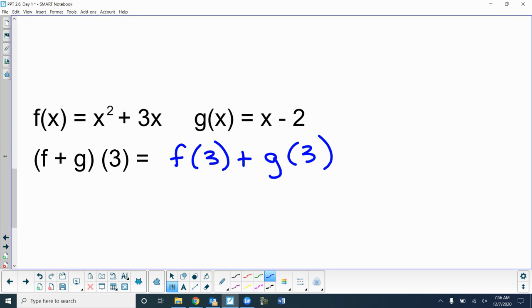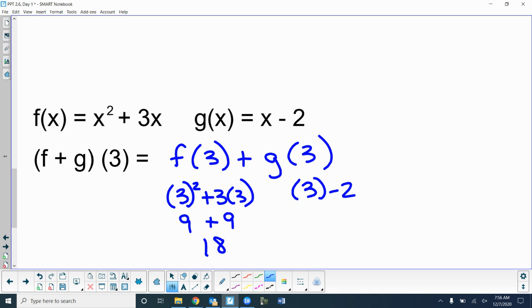So f of 3 would be 3 squared plus 3 times 3, which would be 9 plus 9, so that would be 18. And then g of 3 is 3 minus 2, which is 1. So the answer, you just add the 2 then, which is 19. Does that make sense?